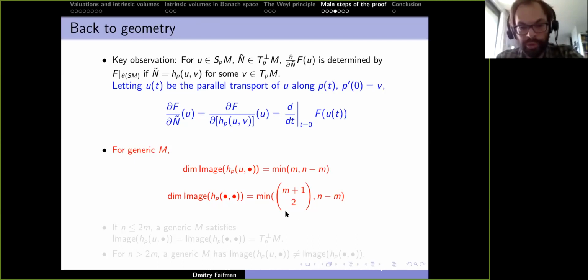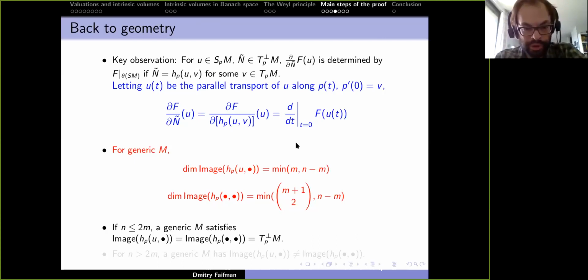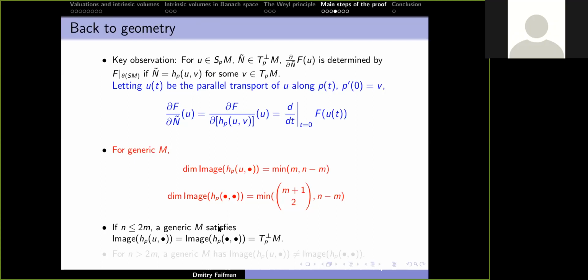But if you fix one of the vectors to be the point you are interested in, then it is smaller, generically. And that should give you a good idea of why large codimension is bad and small codimension is good. For instance, when n is greater than 2m, then at least generically they are the same, and that's more or less what you need.